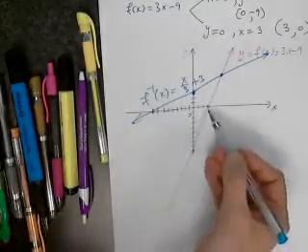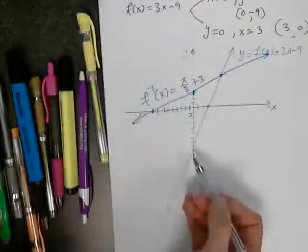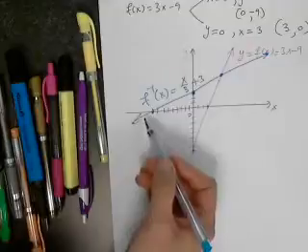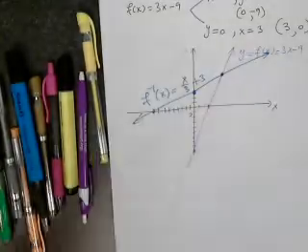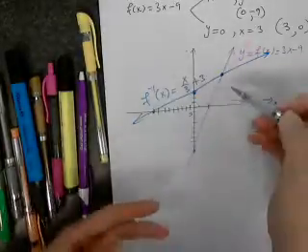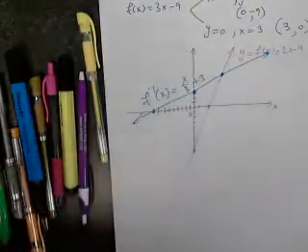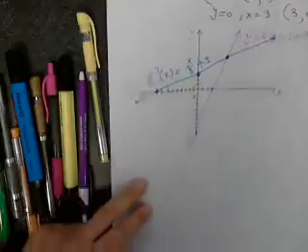This I was able to reverse from 3, 0 to 0, 3. This I was able to reverse from 0, negative 9 to negative 9, 0. But this one I can't, because if it's 5, 5, it's still 5, 5. So it has to be a common point. Now, if the two graphs do not cross this line, then they don't have to have a common point. And we discussed that last time.